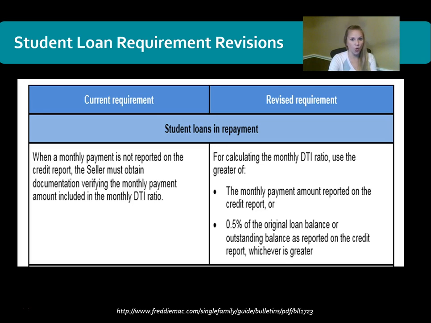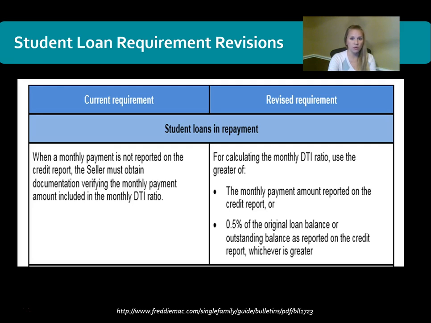Let's go ahead and go over what requirements have been revised and what the differences are from the old to the newly revised guideline. For example, under the old way to prove a student loan monthly debt, the borrower had to provide some sort of documentation to prove what they were paying per month to repay that loan.